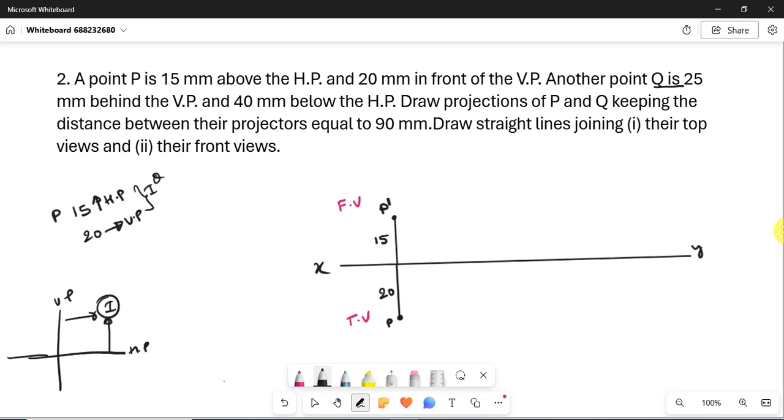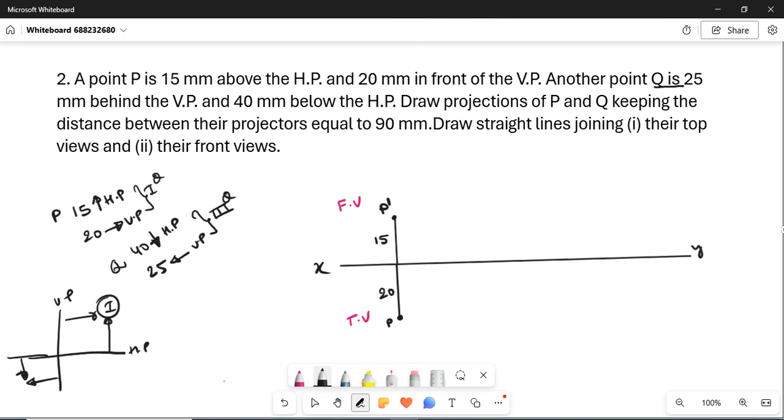The point Q is another point, 25 mm behind VP and 40 mm below HP. So below HP and behind VP means it belongs to the third quadrant.